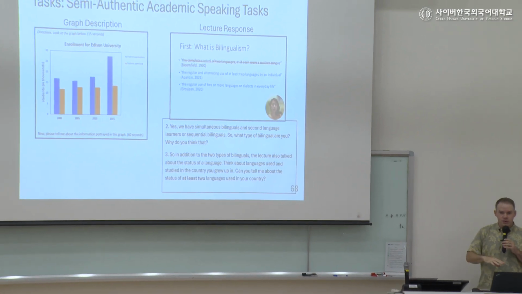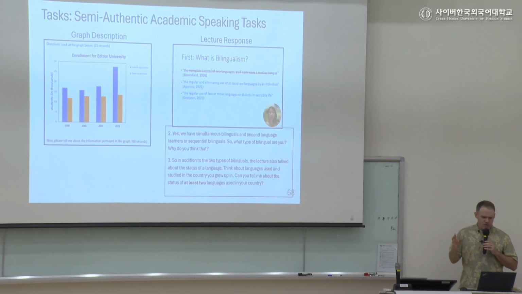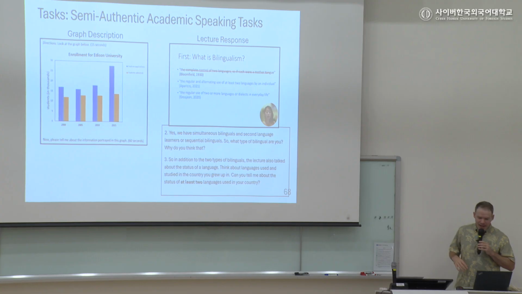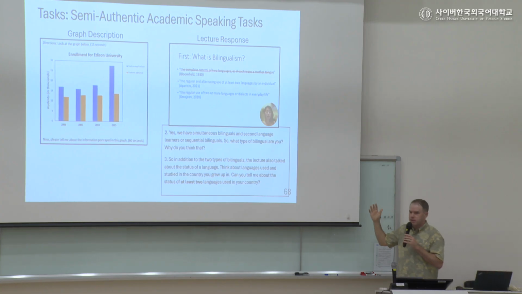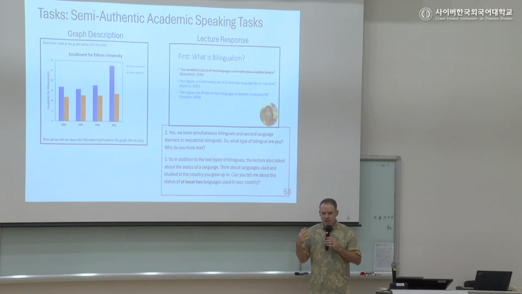And then here were our semi-authentic lab tasks. So we used a graph description task. This is something like Pearson does on their test, but also you have to talk about graphs a lot in the real world. And then we set up a new task called a lecture response. We created something that's supposed to be like you listen to a lecture and then you participate in a little discussion about it.